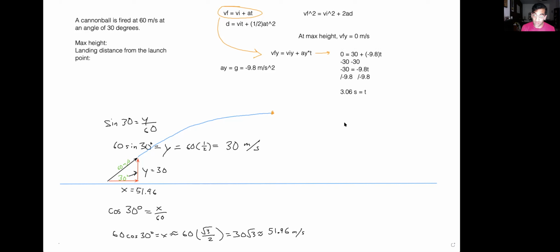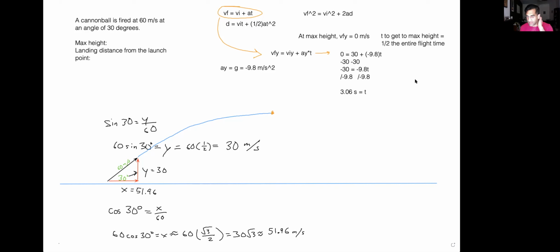Now, another principle that I can write out and keep with me is that the time to get to max height is equal to 1/2 the entire flight time, assuming that this cannonball is traveling on a level piece of ground. In other words, I fire it in a field, there's no elevation in that field, there's no cliff at the end where it drops off or anything like that.